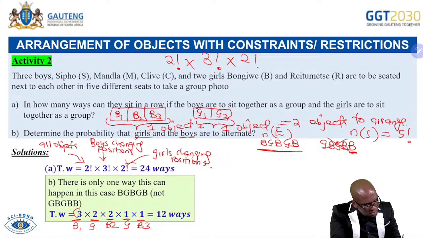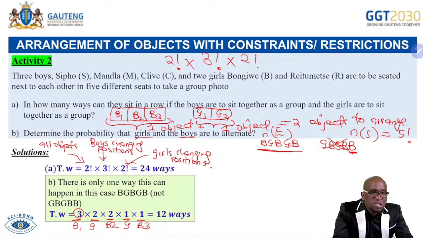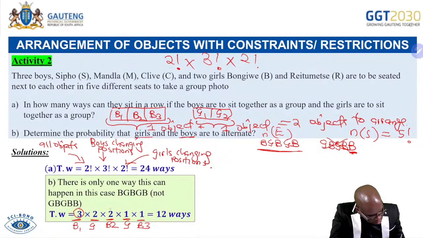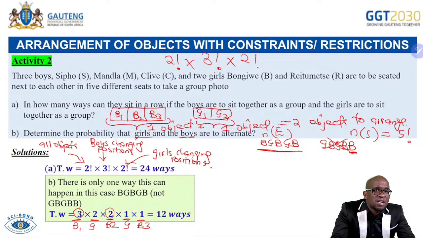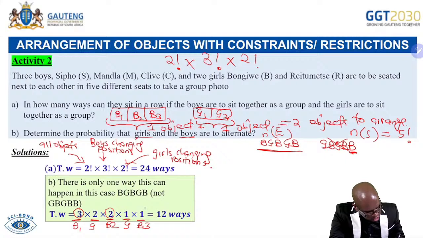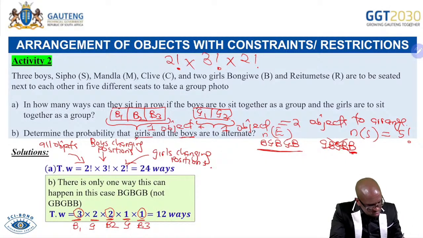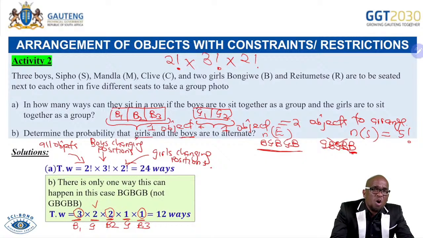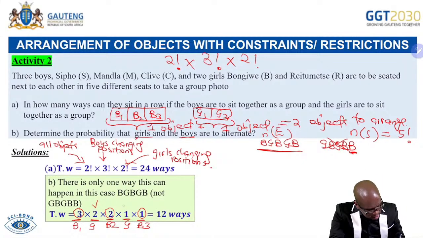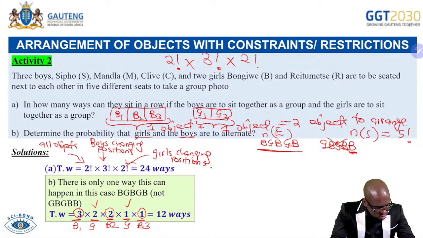So there are 3 options of having the first boy to sit there because there are 3 boys. 2 options of having the boy to occupy the next boy position. 1 option of having the boy to occupy the last boy position. For the girl position, 2 options first, because there are 2 girls, and then 1 option last. So that is the total number of ways there.